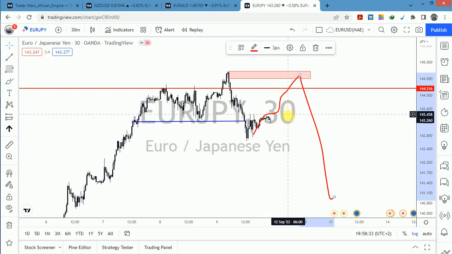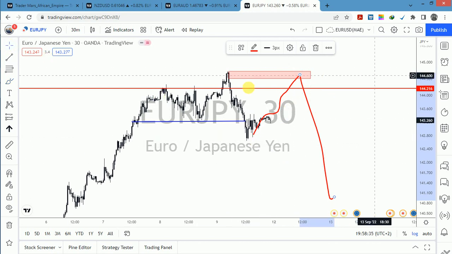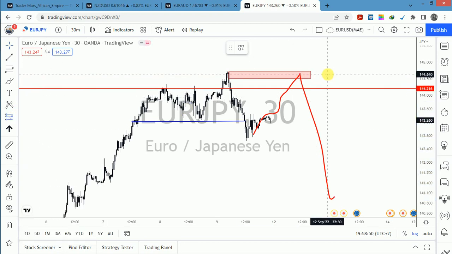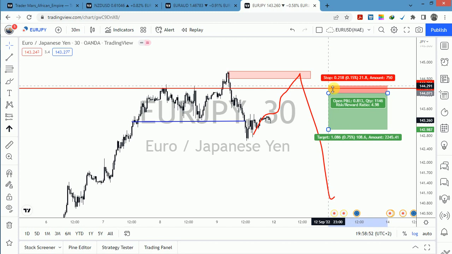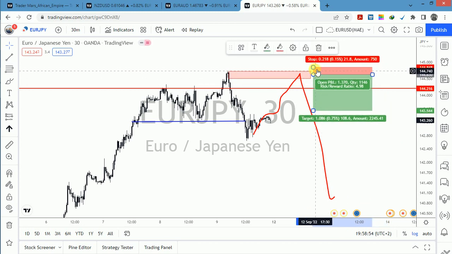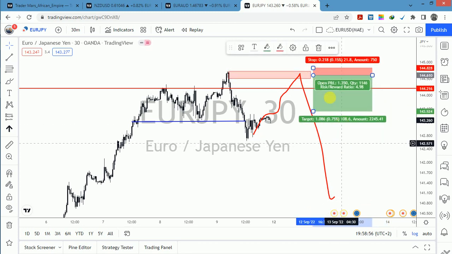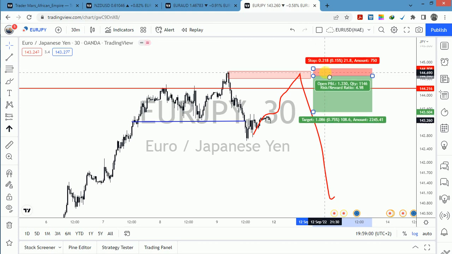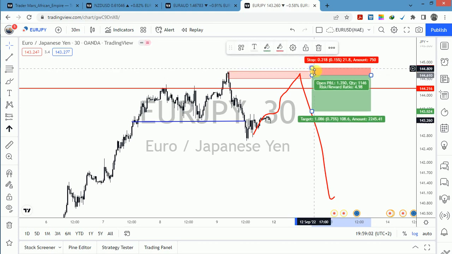So yeah, I think it's around 1.446. Yeah, so our sell limit can be around that point, and then let's see how we should risk. 1.446, okay, that's fine.